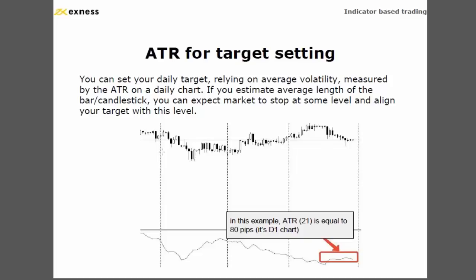When you switch to the daily chart, you see that every candlestick or bar is not elongated, they look more like dojis. And you know that the average value of ATR can be equal to 70, 80 pips. Sometimes it can be 100 pips.